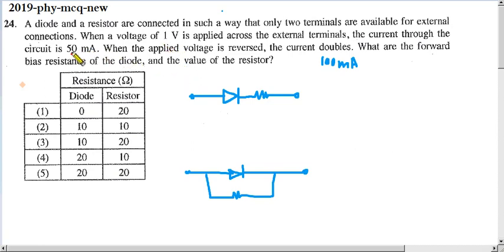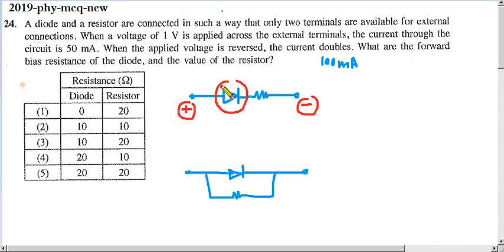First they say 50 milliampere flows through this combination. Let us suppose we connected this terminal to the positive of the battery and this to the negative of the battery. Then what happened to the diode?